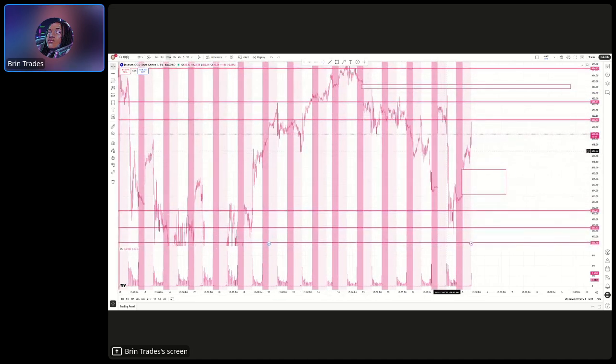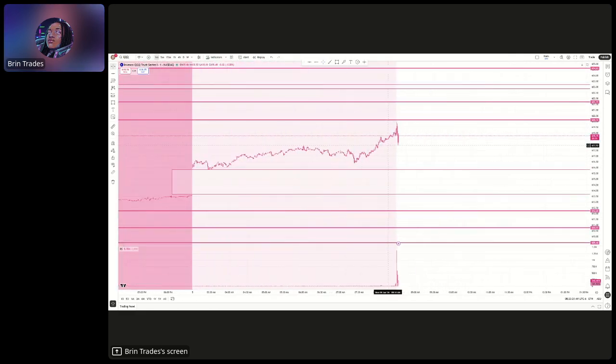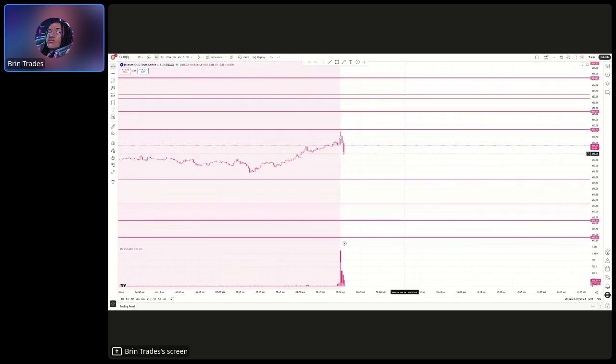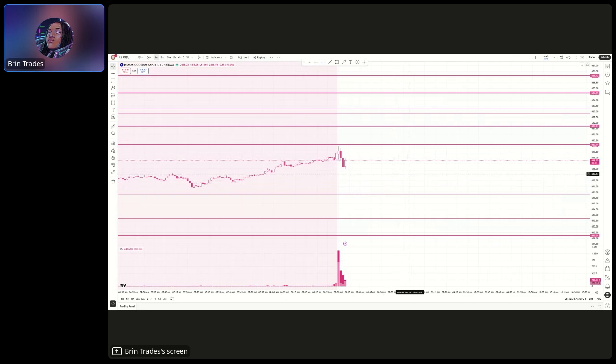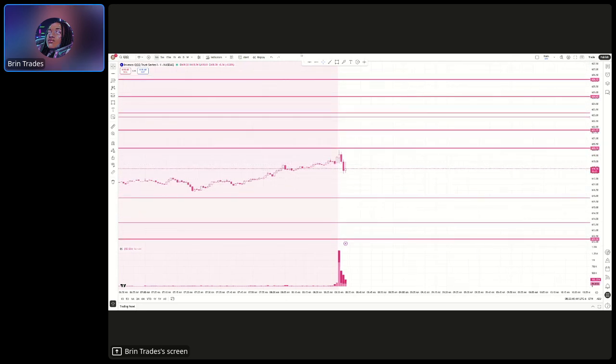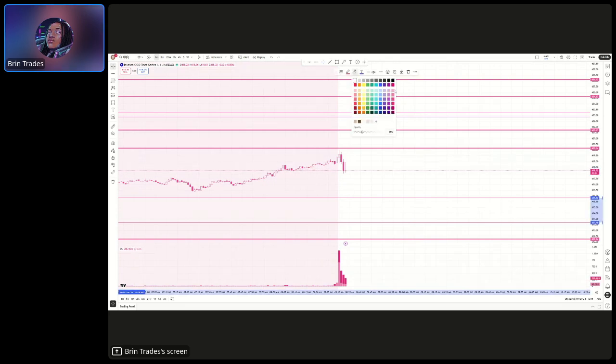Okay, I think for now we're good. I feel like I should shade this so I know that it is a gap, because sometimes it confuses me.